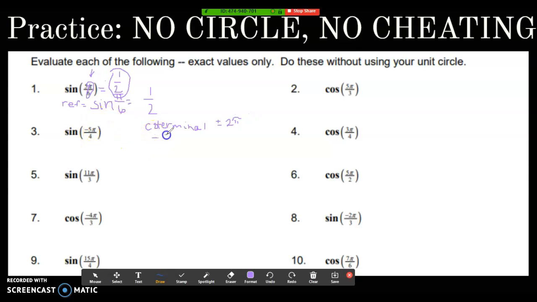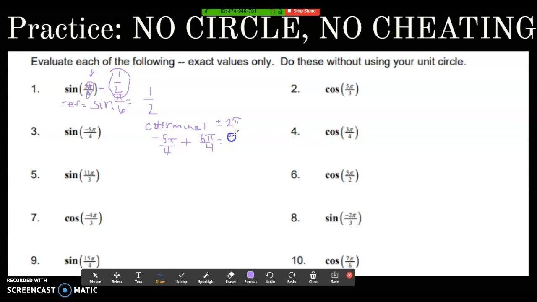So if I have a negative 5 pi over 4, I am going to add 2 pi to that, because I want a positive coterminal angle on the unit circle, which means what I'm really adding is 8 pi over 4. Remember, I have to have common denominators when I'm adding. So 2 pi is just 8 pi over 4.